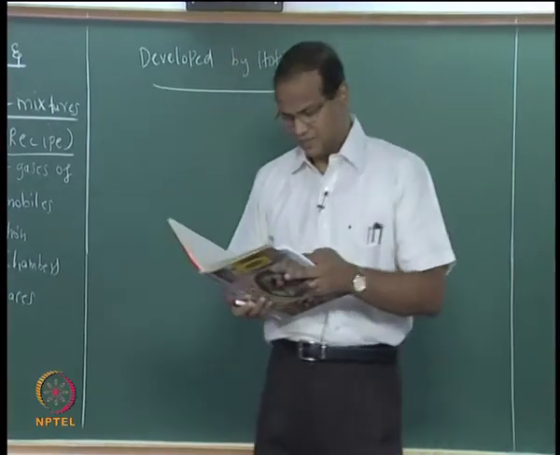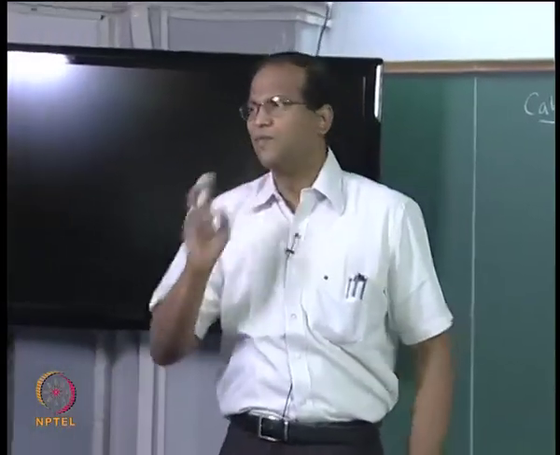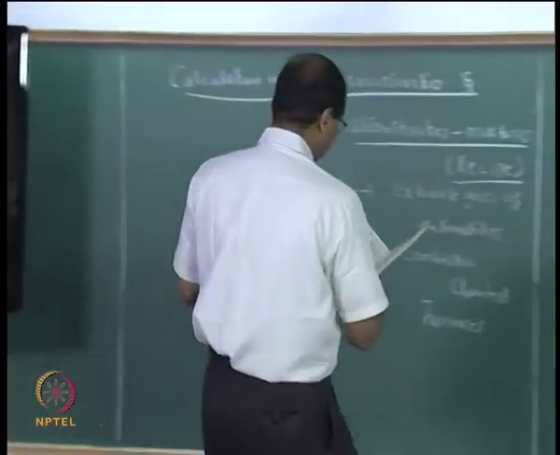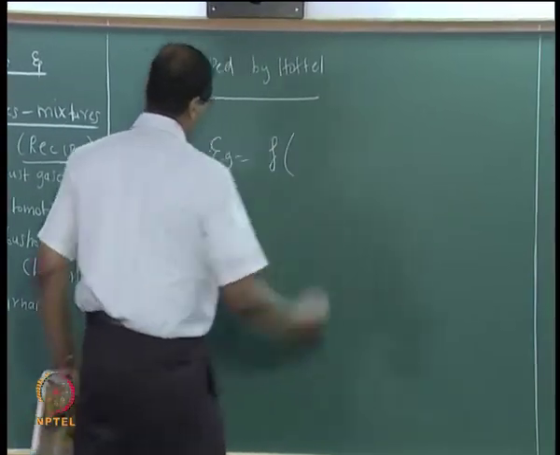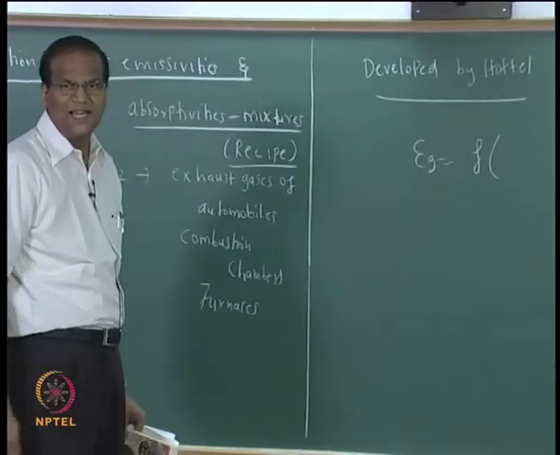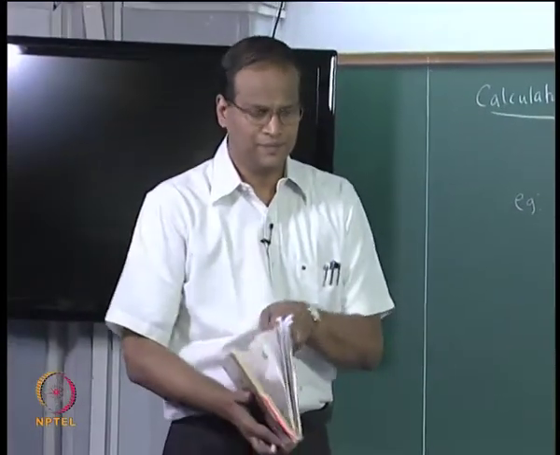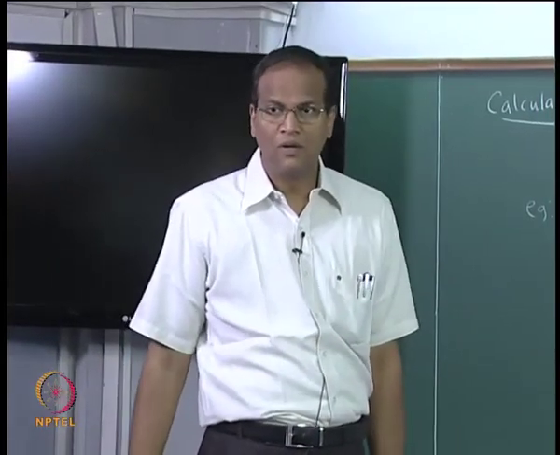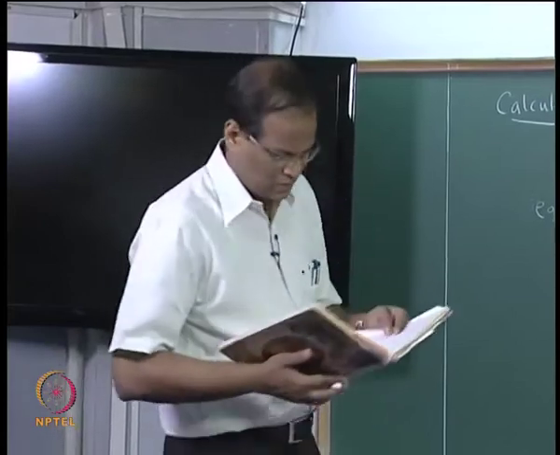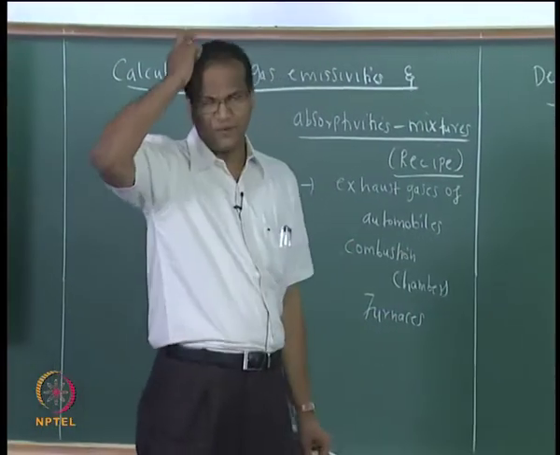Okay, these are the charts. So, now if you see the epsilon g, that is the gas emissivity, it should be a function of what all variables, from your study of optical depth, okay, optical depth.